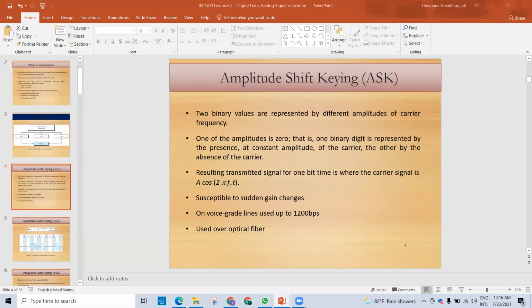So two binary values are represented by different amplitudes of the carrier frequency.